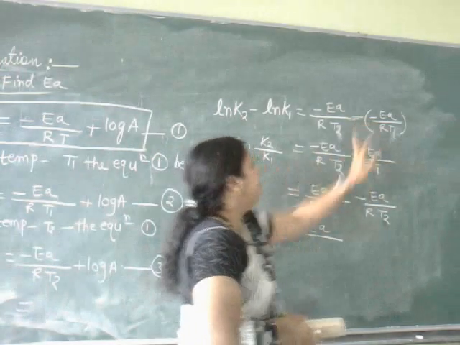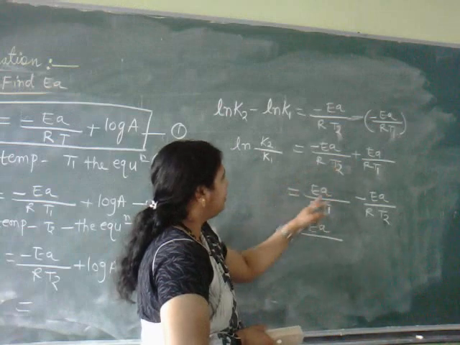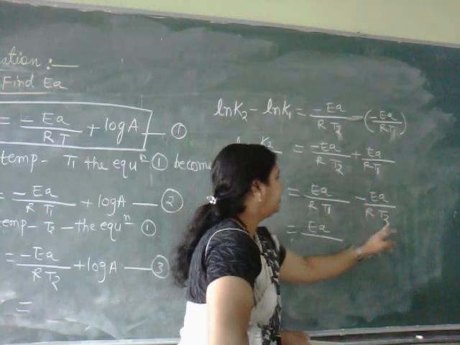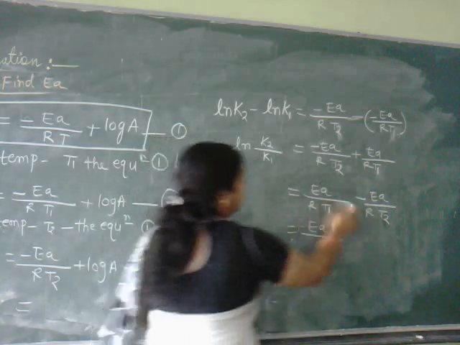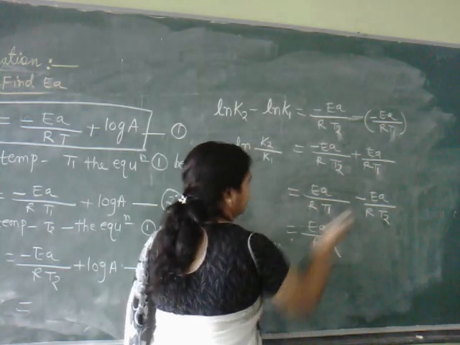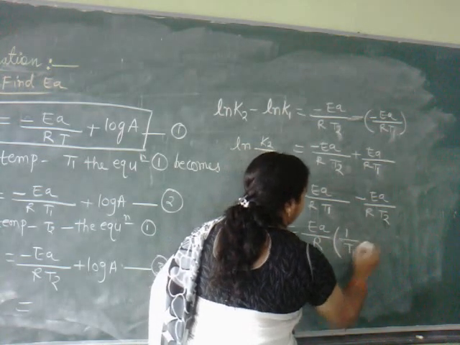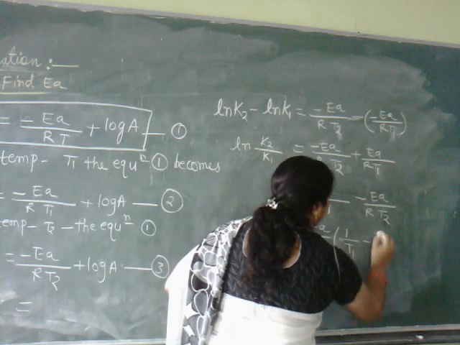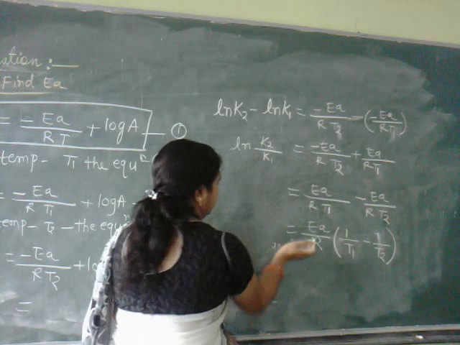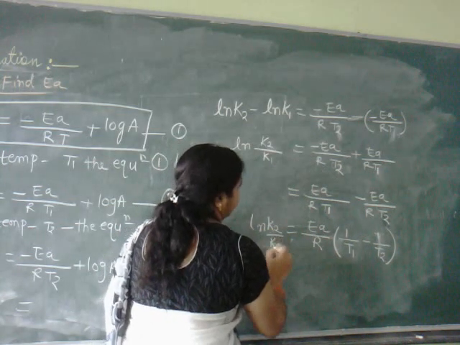Rearranging this equation, we get Ea by RT1 minus Ea by RT2. Take Ea by R out as common, and inside the bracket it will come 1 by T1 minus 1 by T2. This is ln K2 by K1.